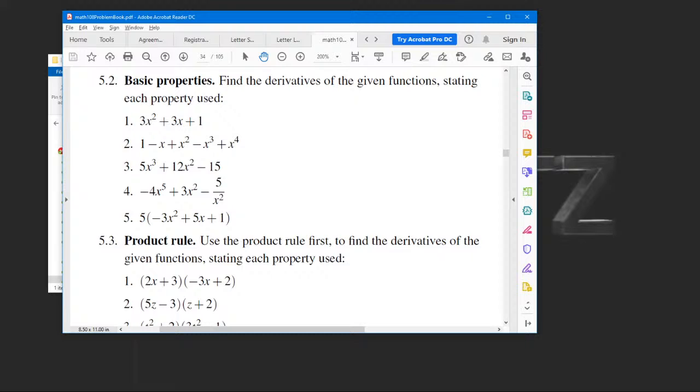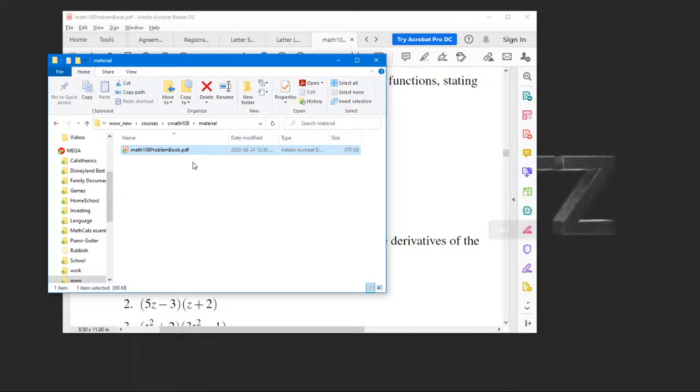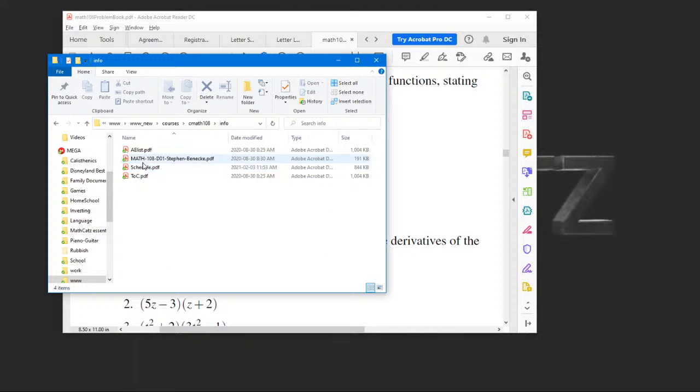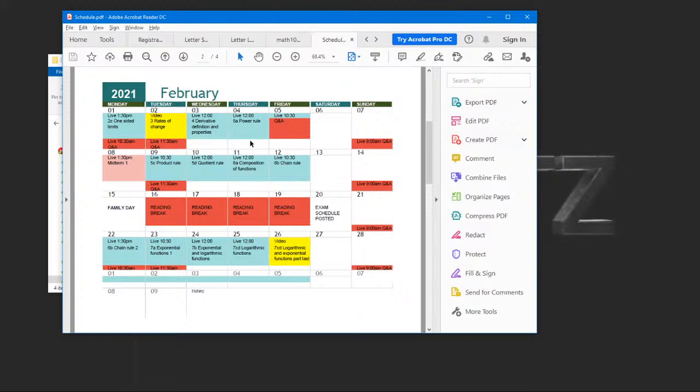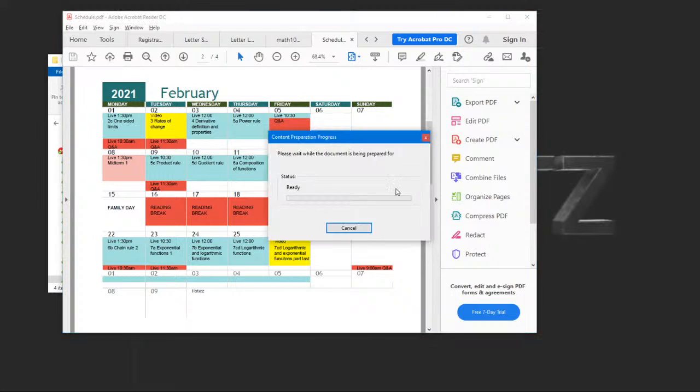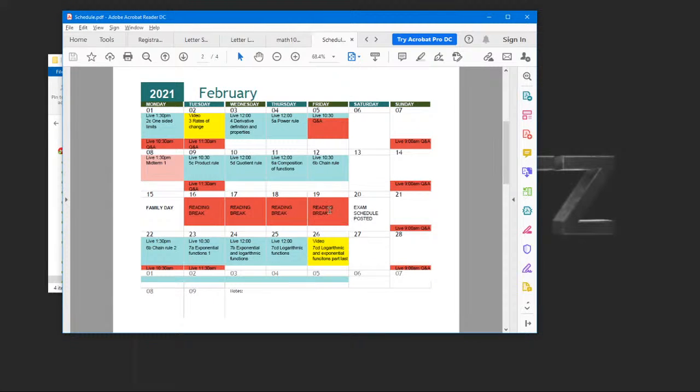Tomorrow, let's open the schedule as well to show people. Let's make that bigger. February, right? So we're pausing this discussion a little bit so that we have some time to get ready for the midterm on Monday.